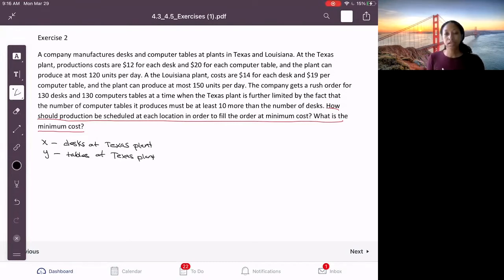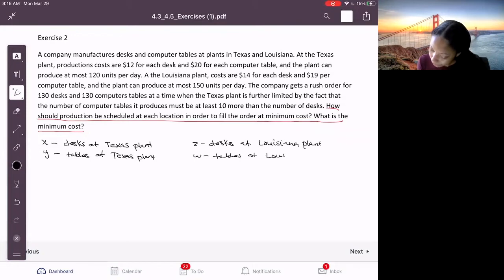And then we also need the number of desks and tables at the Louisiana plant. So let Z represent the desks at the Louisiana plant. And let W represent the tables at the Louisiana plant.